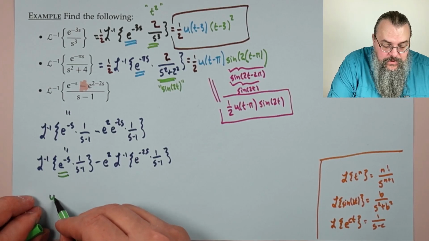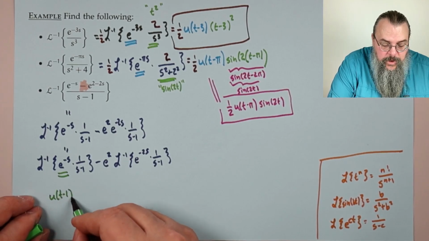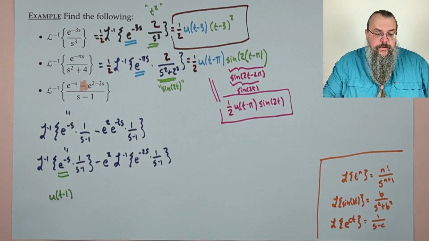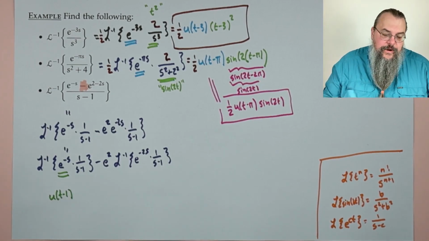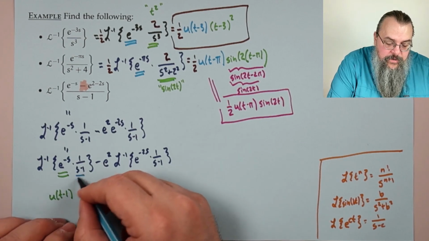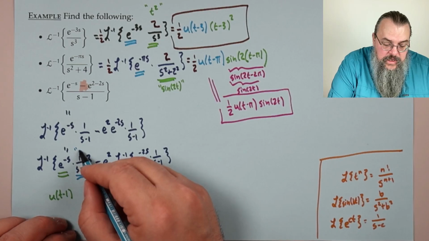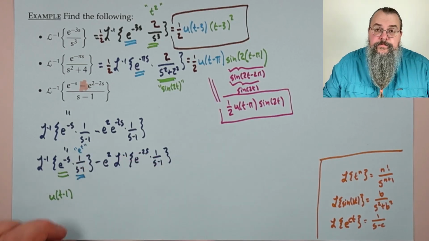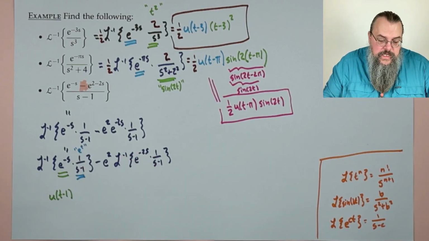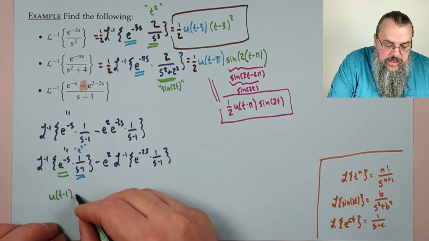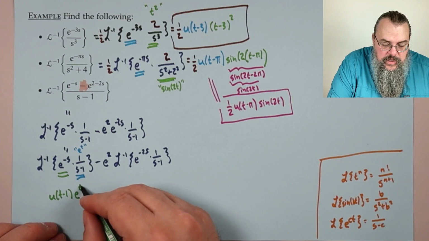So that's u of t minus 1. Now, 1 over s minus 1, what is that? Normally, 1 over s minus 1, if we apply this rule, would be e to the t, just by itself. And we say, okay, well, if it's e to the t, now it's going to be what? Well, it's going to be e to the t minus 1.